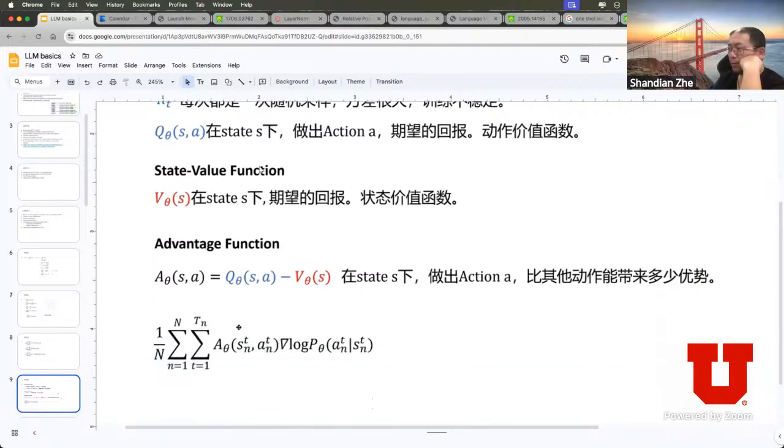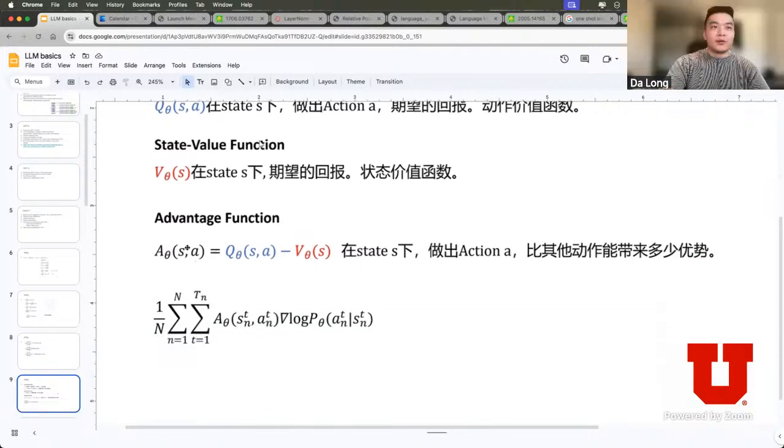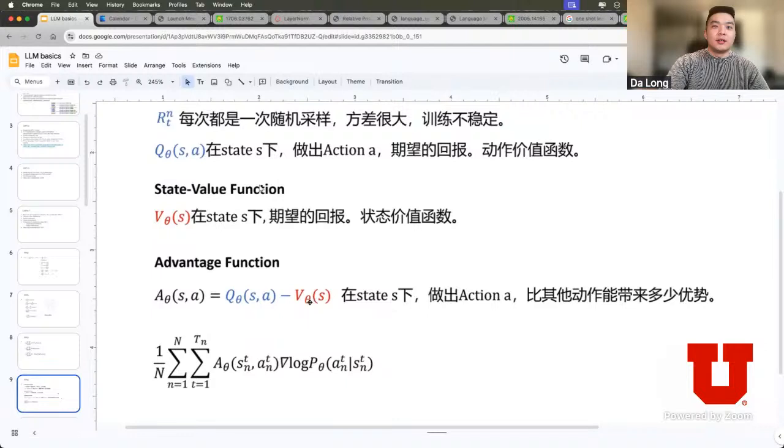Okay, and then based on this, we can define the advantage function. The advantage function over the state and action is Q minus V. It means if I choose this action A, what is the advantage over the average value?